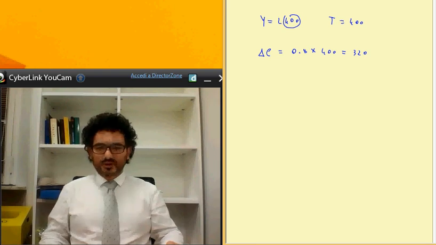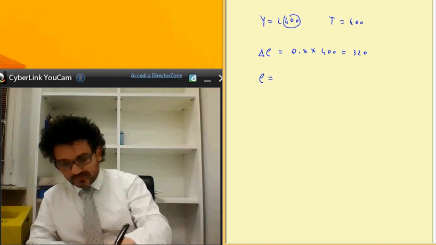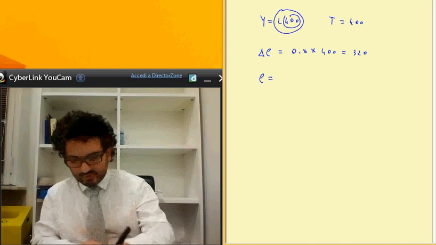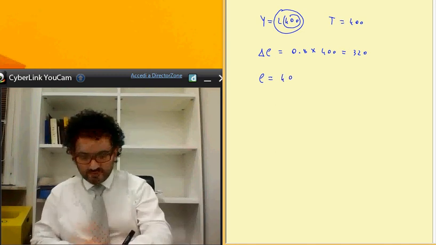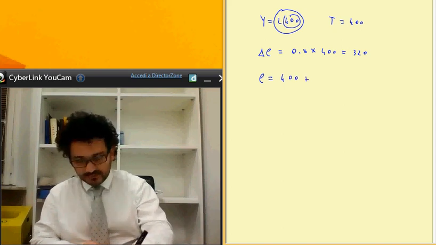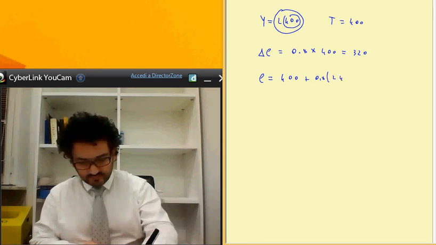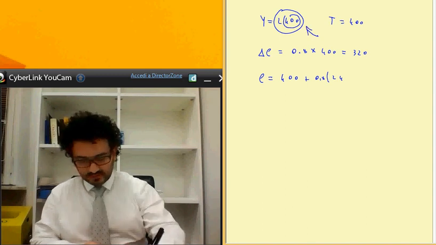If we are not sure, we can check this by computing the level of consumption related to an income equal to 2400, which is equal to C0, which is 400, plus the propensity to consume, which multiplies the disposable income, which is equal to the gross income, which now is 2400, minus the level of taxes, which is 400.